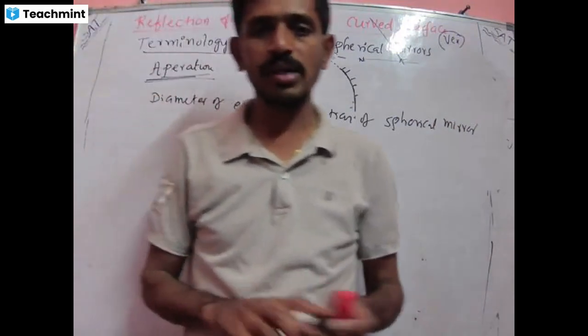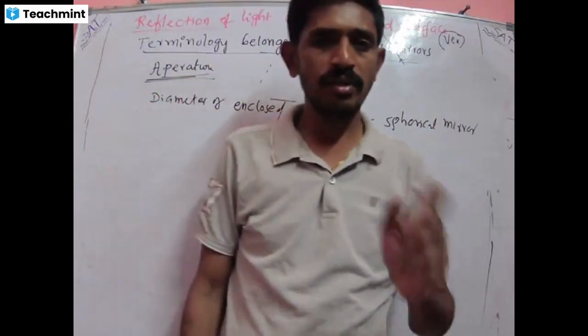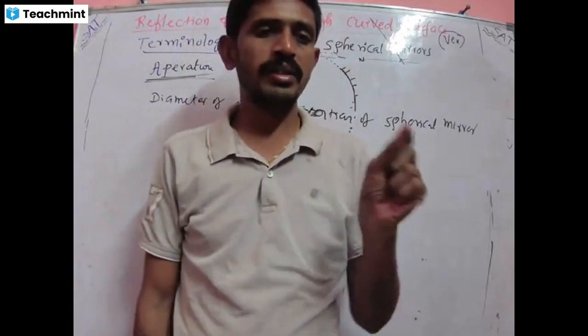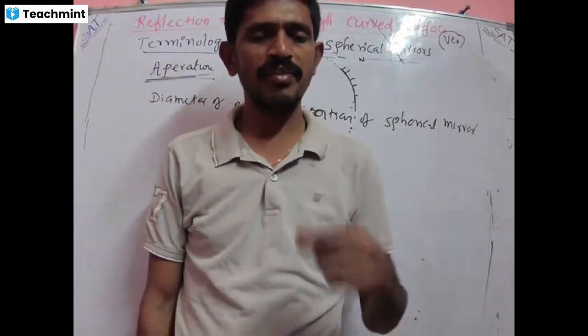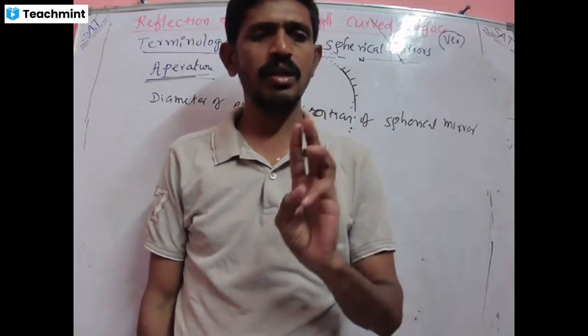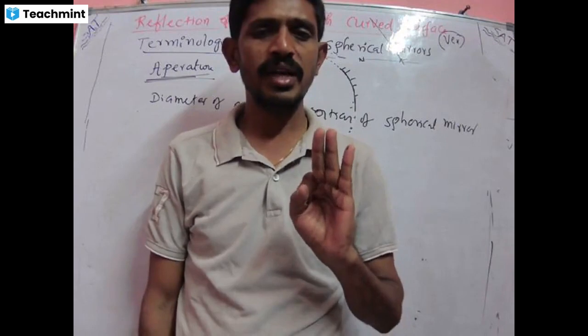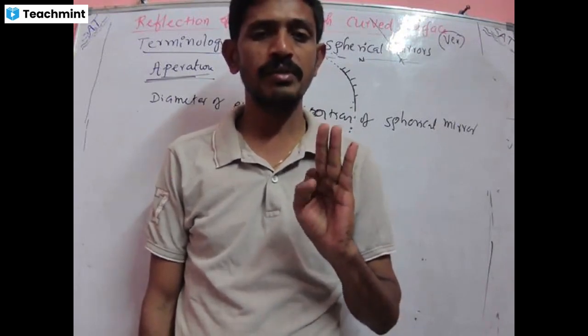Based on all this terminology, you may be asked to define the following terms. The board examination will ask you to define the following terms: pole, center of curvature, radius of curvature. If it is a 4 marks question, he may ask four terms: pole, center of curvature, radius of curvature, and aperture. Otherwise, pole, center of curvature, radius of curvature, principal focus.